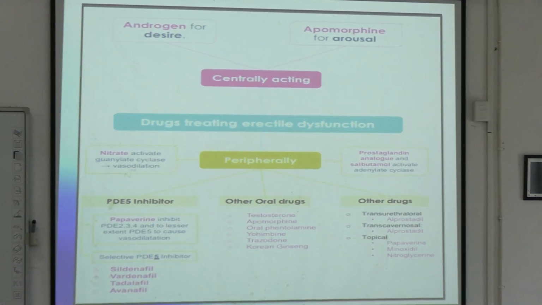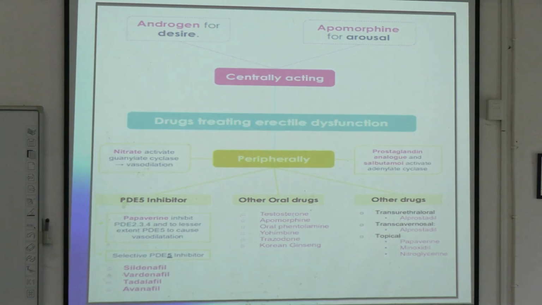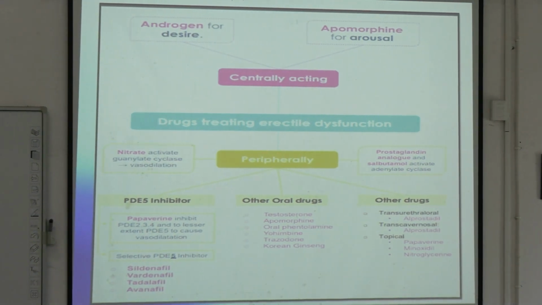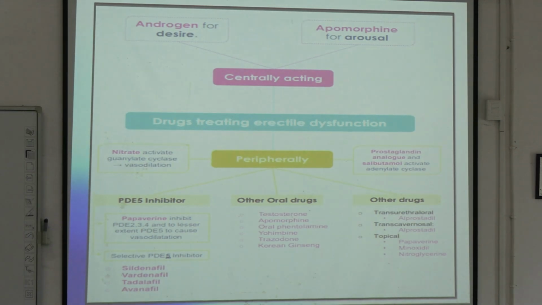These act centrally in the CNS, whereas drugs that act peripherally can be given orally, locally as a spray, intraurethrally or transcavernosally. But the most common drugs used for erectile dysfunction are phosphodiesterase 5 inhibitors.